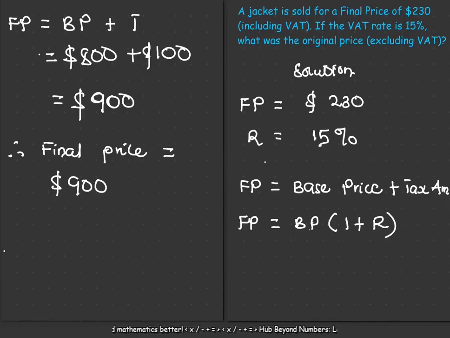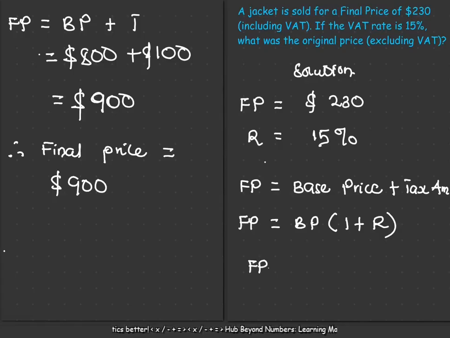Now what do we want? We want the base price as the question has requested. So we divide both sides by what? 1 plus R. Do you see that? So that we make the base price the subject.